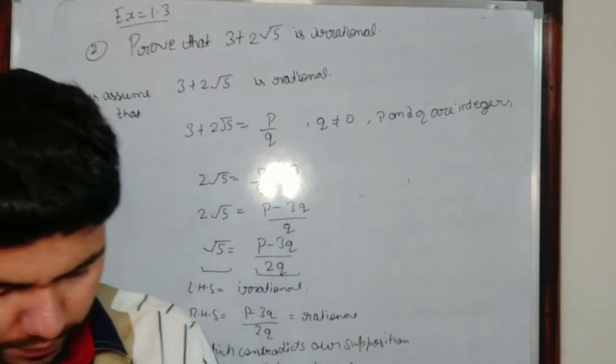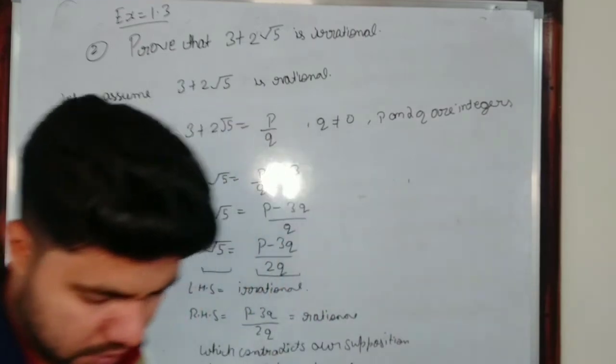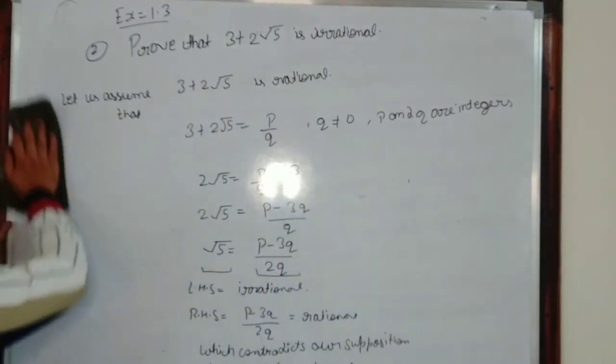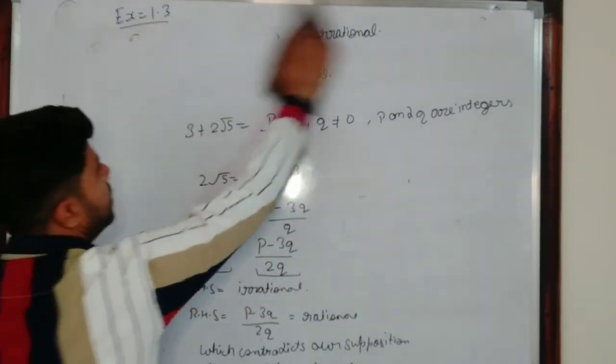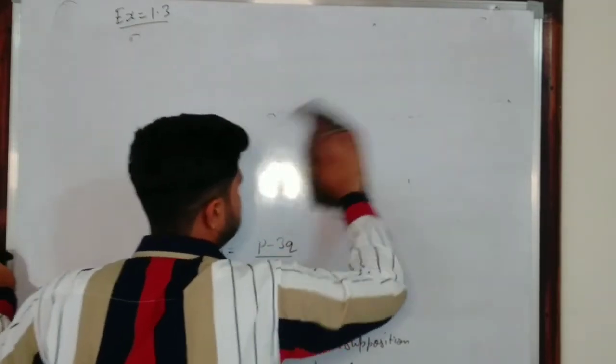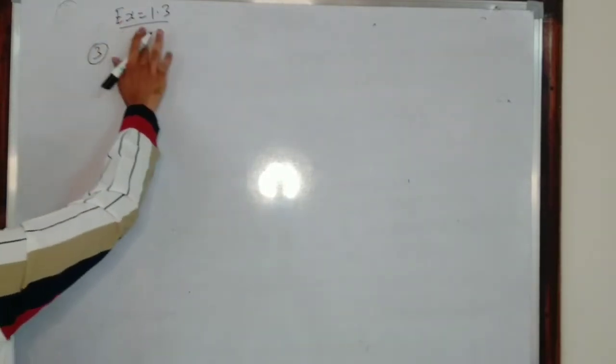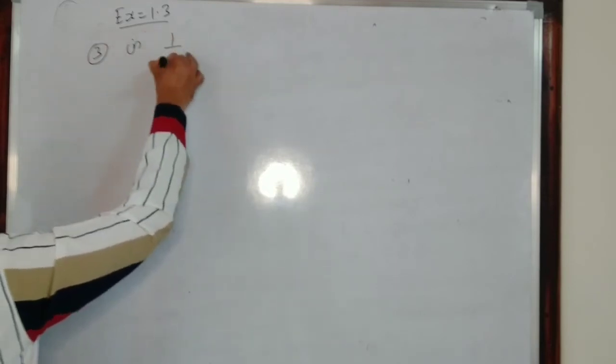Prove that the following are irrational. I will do one of these as the first part of question number 3: 1 by root 2.